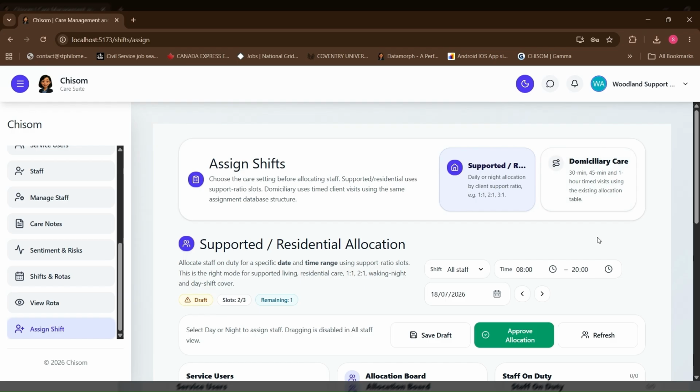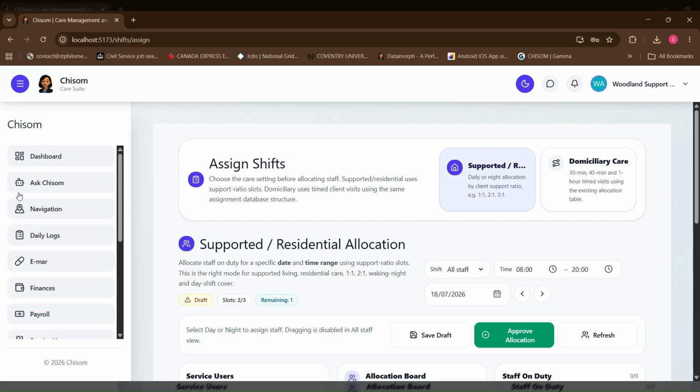That being said, Chisom is here to help service providers have better insights and better visibility into what is going on. It's not just about collecting records. What can you do with such records? In what way can those records be used to make the services run better and faster? That is the aim of Chisom.